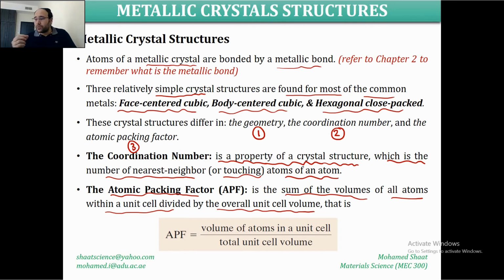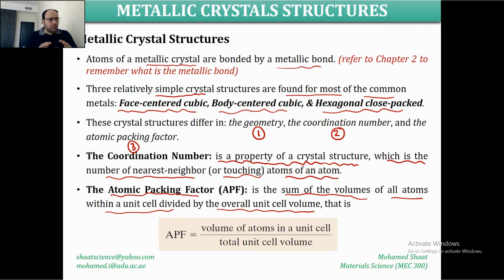It gives an indication somehow of the density of the atoms inside the material, which definitely will be related to the entire density of the material. Any material, and this is what we studied before in physics, one of the physical properties of a material is the density. So the density of the material, the mass density, is related to this atomic packing factor somehow. There is a relation between them.